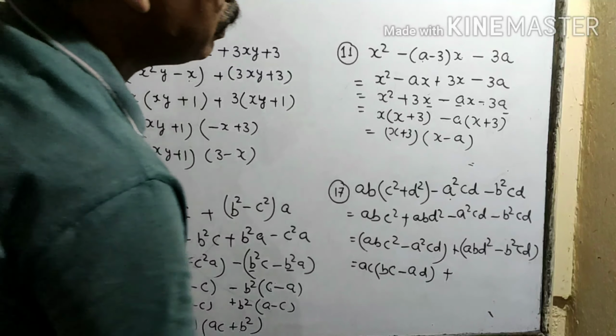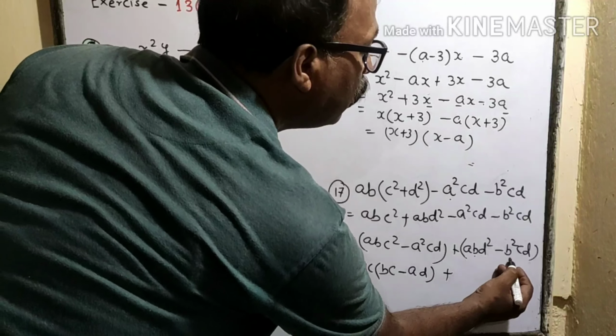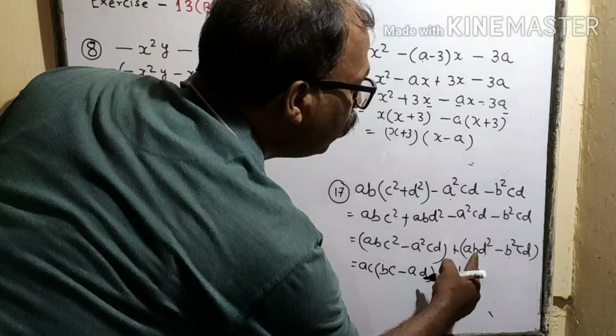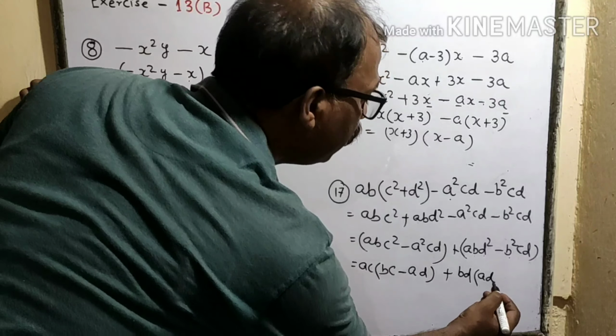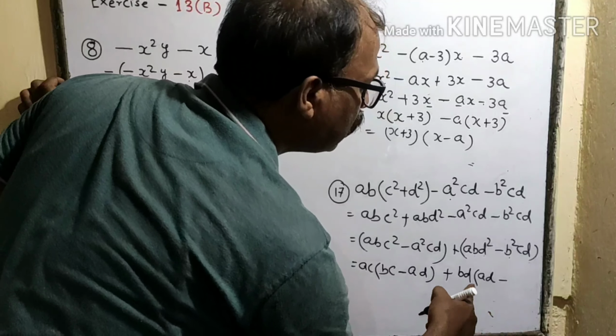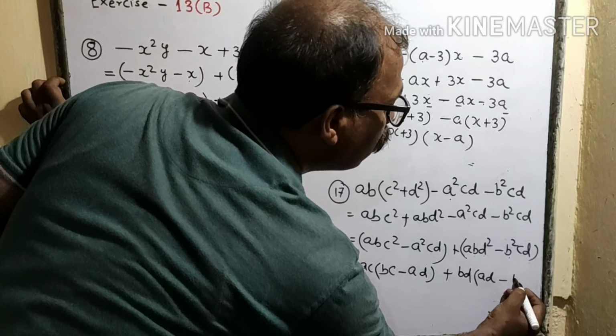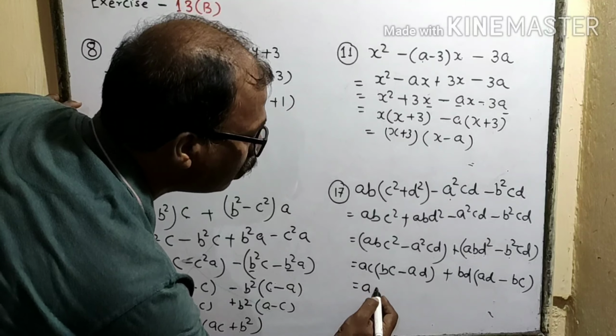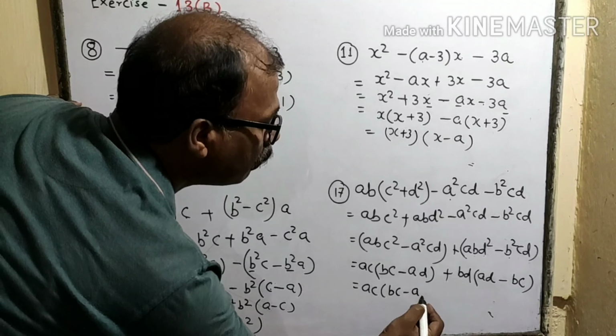Similarly, we'll check here. a is common, no. b is common, yes, b is common, and d is common. So we'll take bd as common. So b and d is taken, so a and d will be left. Minus, again b and d is common, so b and c will be left. Now we have to do a rearrangement. ac, bc minus ad.